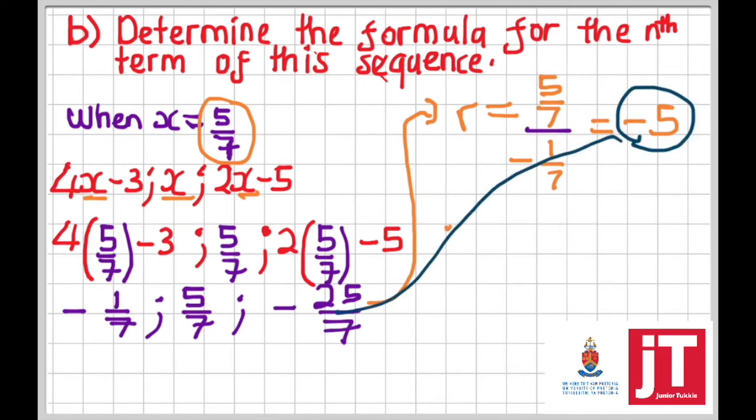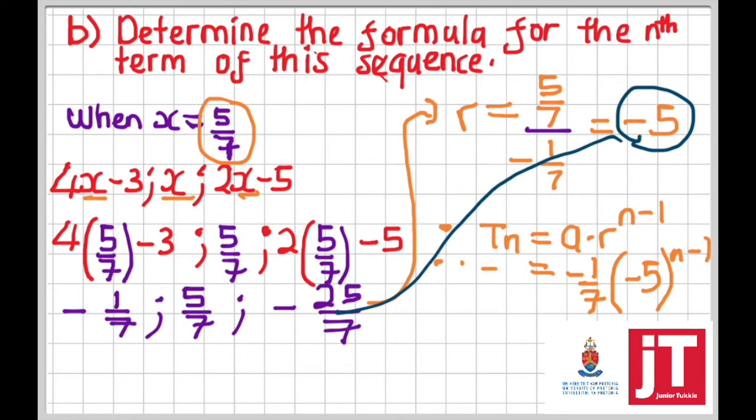Tn is equal to ar to the power n minus 1, which is negative 1 over 7 for a and negative 5 for r and n minus 1 as the exponent. So the formula for this specific sequence, when x is 5 over 7, is given by Tn is equal to negative 1 over 7 times negative 5 to the power n minus 1.